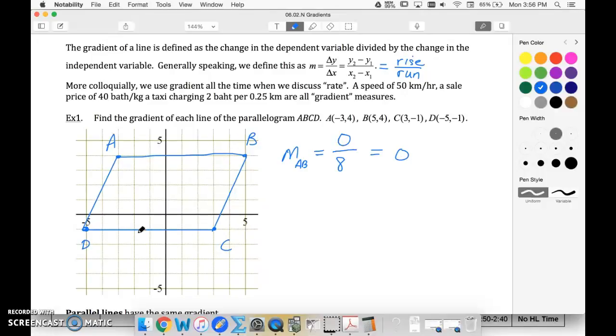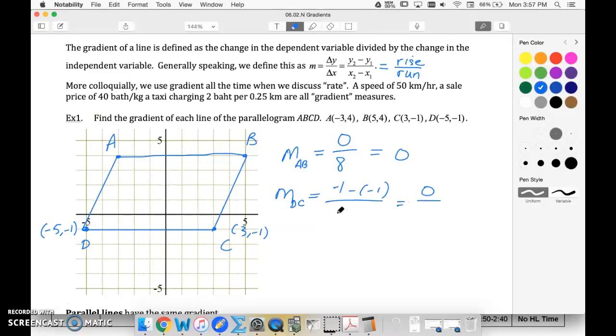Let's look at my other horizontal line. So looking at DC, this time I could use my formula. So I've got this point negative 5, negative 1, and 3, negative 1. So if I do y minus y, negative 1 minus negative 1, well, that's like saying negative 1 plus 1. Of course, that's going to make 0 on top.